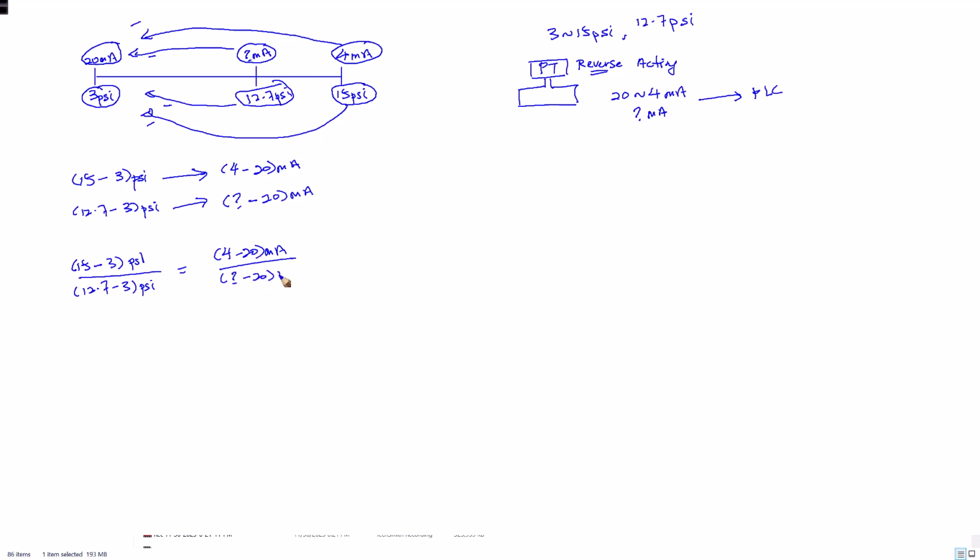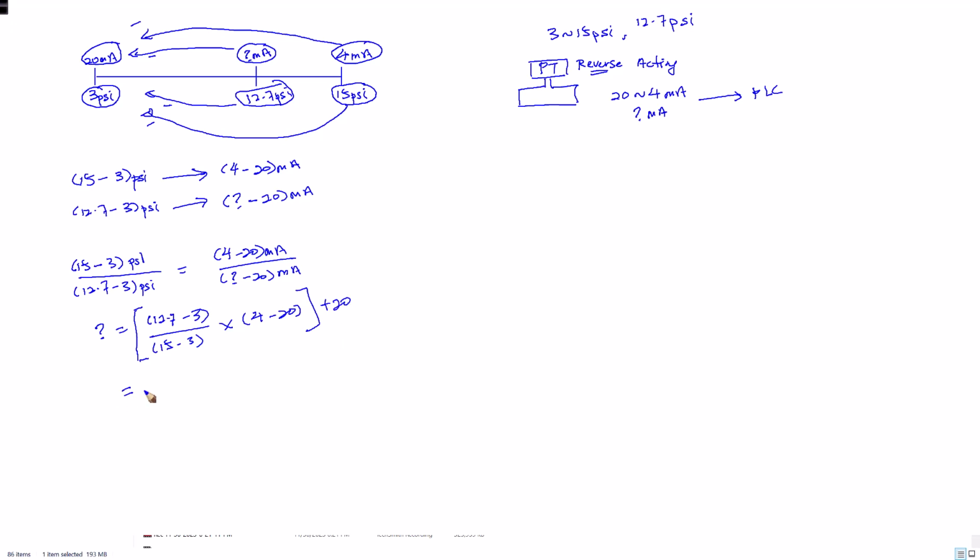And then we write the equation. It will be 12.7 minus 3 divided by 15 minus 3, multiplied by 4 minus 20, and then the whole thing plus 20 milliampere.